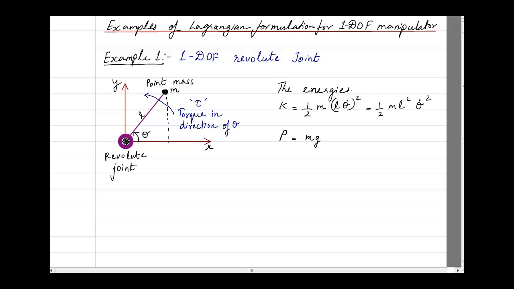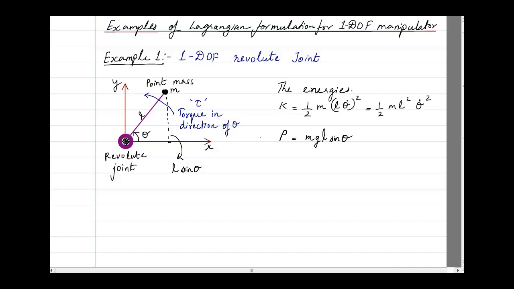If this dotted line is the height, this is theta and this is L, if the link has a length L, then the height is going to be L sine theta. So I will write the height as L sine theta, and that is what is going to be our potential energy. You know that potential energy changes with respect to height.